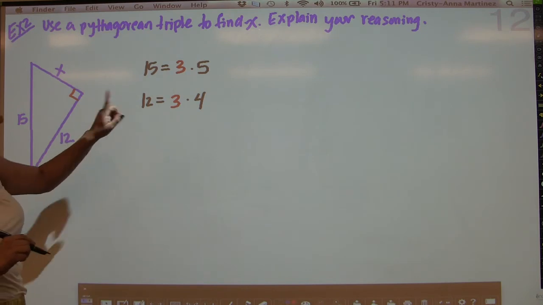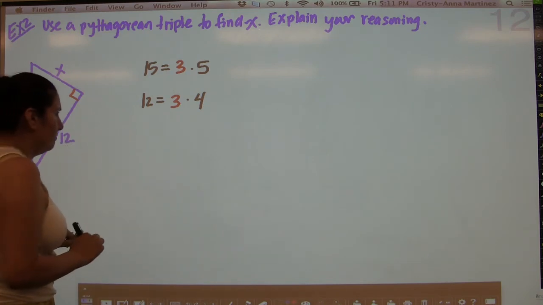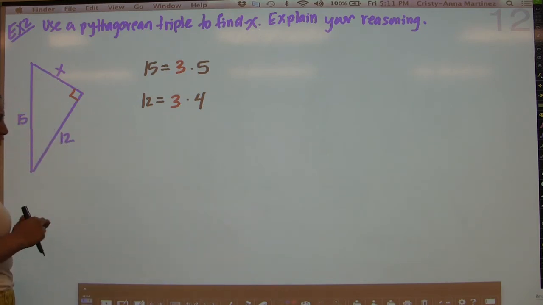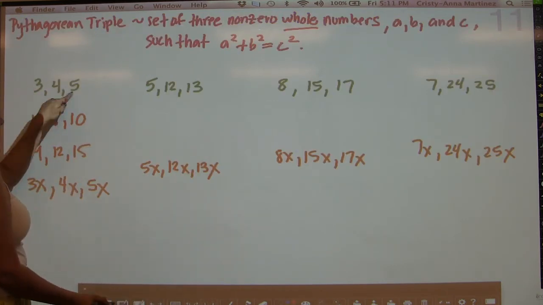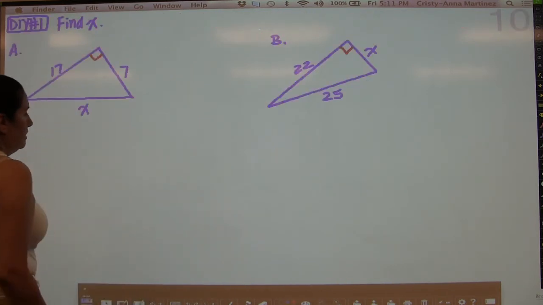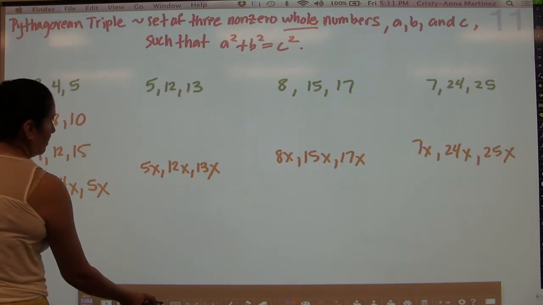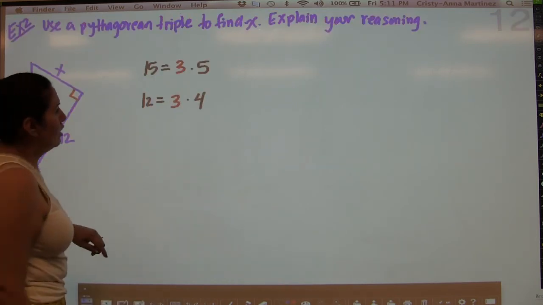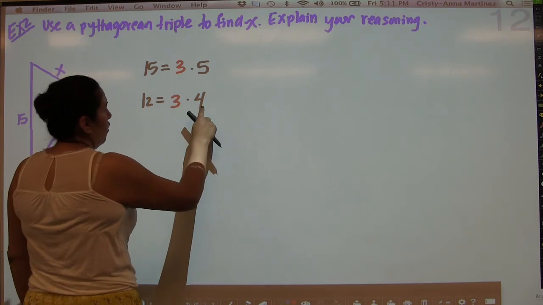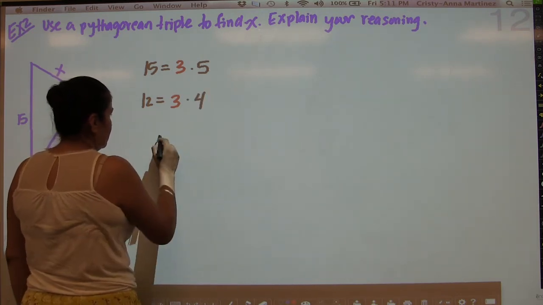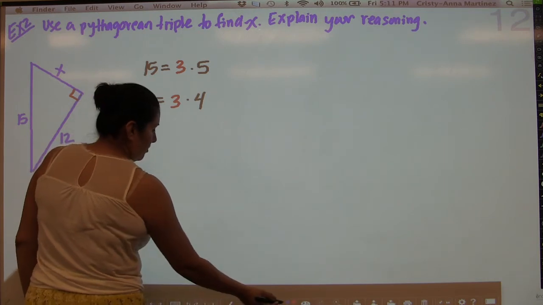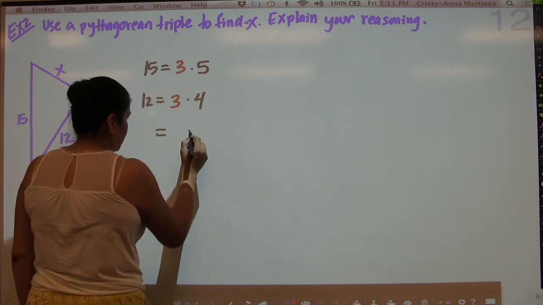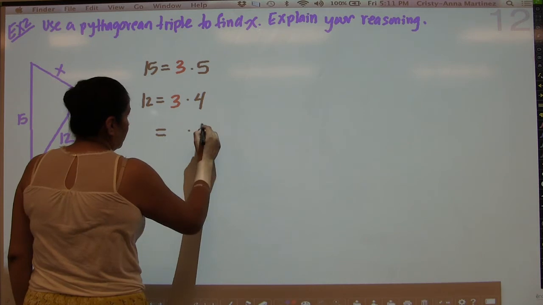And I look at the 5 and the 4, and I'm thinking, we have a triple that is 3, 4, 5. That's this one right here, 3, 4, 5. So if this is 4 and 5, what we're missing is the 3.